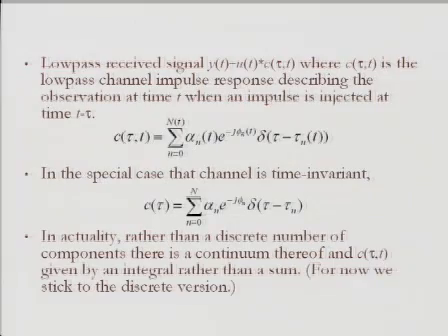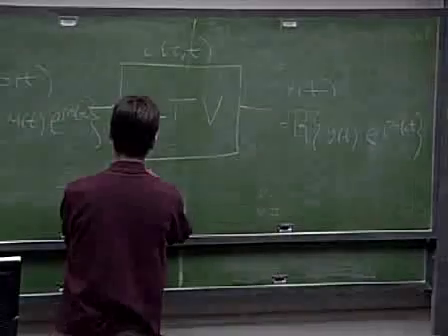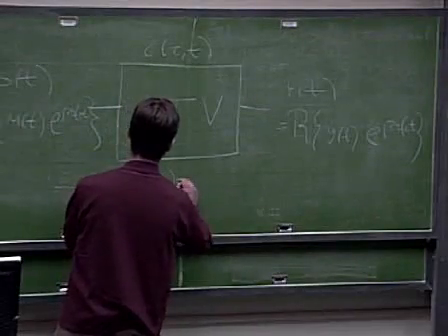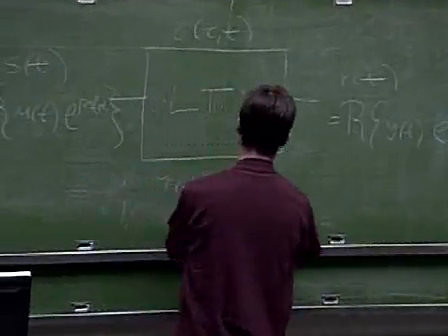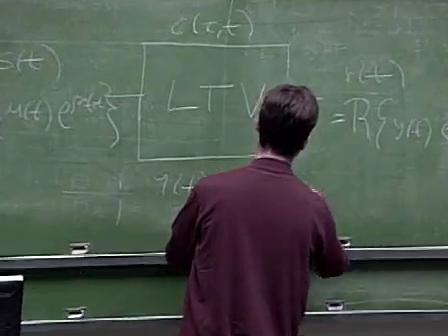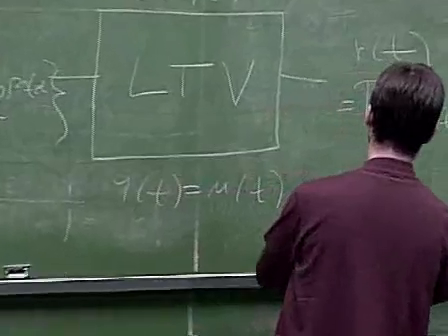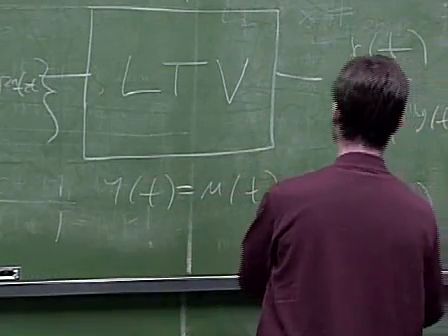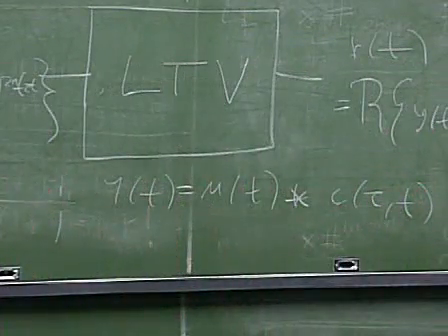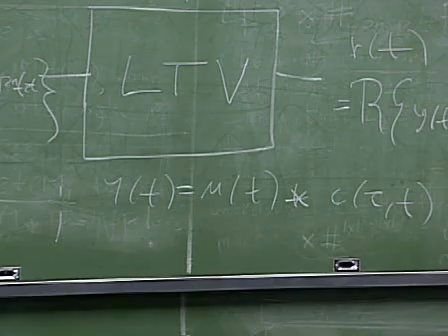In low pass notation, y of t is equal to u of t convolved with C of tau comma t. That's the relationship.